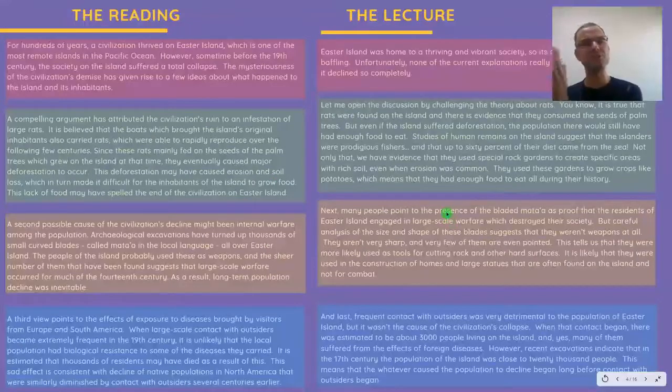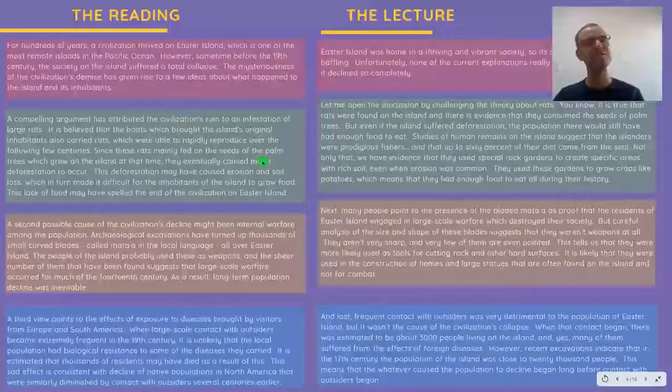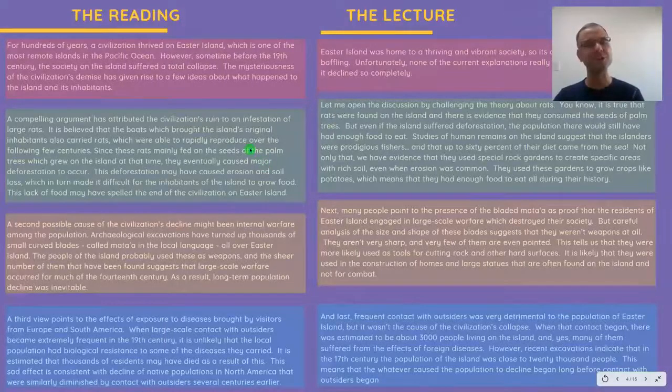Now take a look at the structure of the lecture on the right-hand side of your screen. The lecture always begins by stating the lecturer's main argument. And then once he's finished that, he mentions his first supporting argument. But take a look at this. The first supporting argument of the lecture always directly responds to the first supporting argument of the reading.